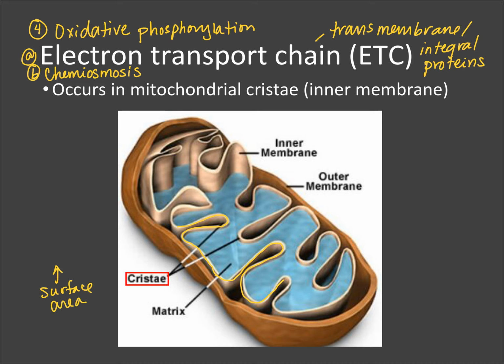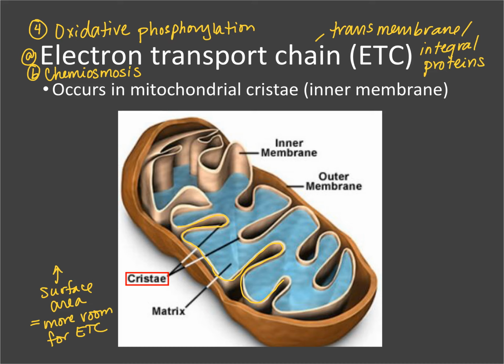Because if we increase surface area, we have more room for electron transport chains. And the more room we have for electron transport chains, the more ATP we can make at the same time. So it really helps to make ATP synthesis more efficient.